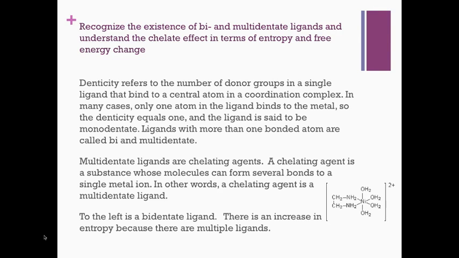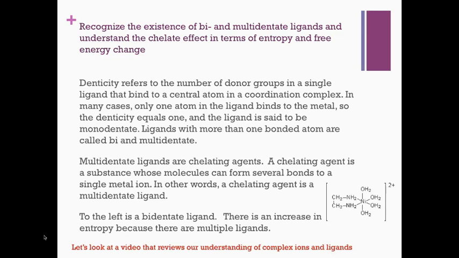Around the metal ion, there are 4 hydroxides and 2 CH2NH2 ligands. There is an increase in entropy because there are multiple ligands. The greater the number of different ligands, the greater the entropy, the greater the free energy.